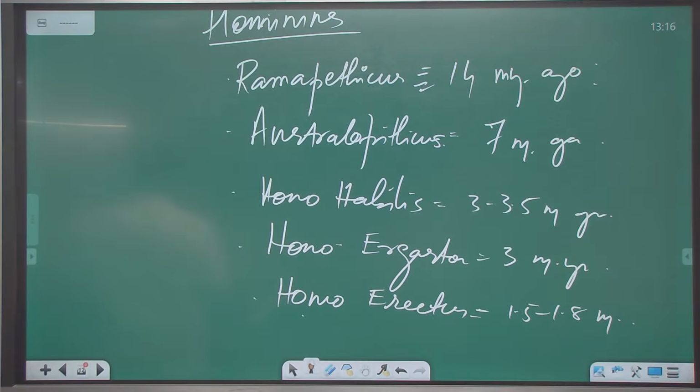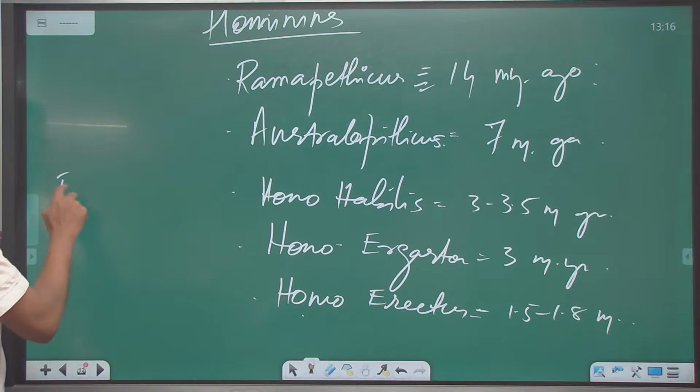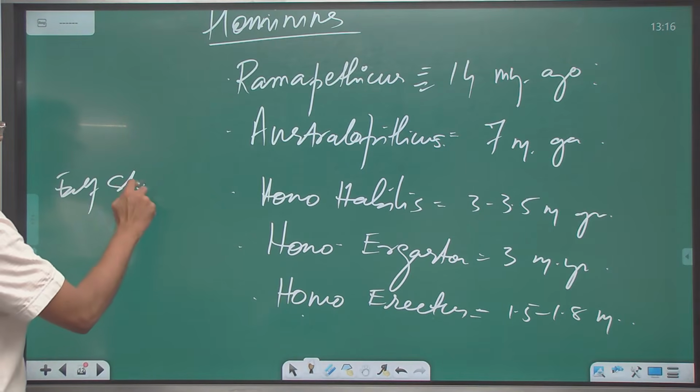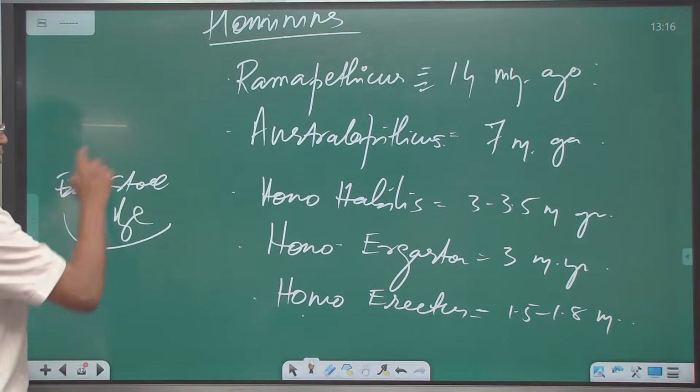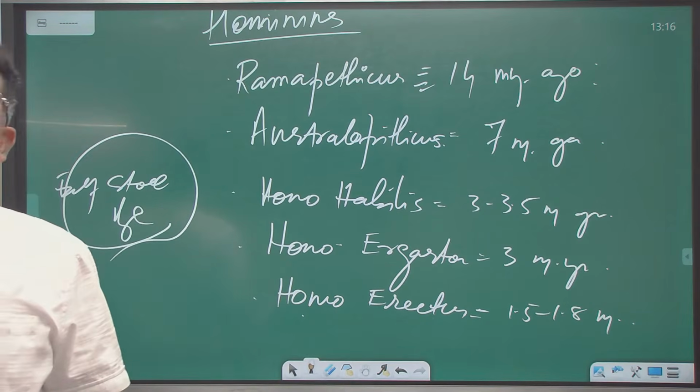History में do you know Stone Age? Early Stone Age, ठीक है? So what is the early Stone Age? कौन सा टाइम था? Anybody knows? The early Stone Age was how many years ago? Yeah?